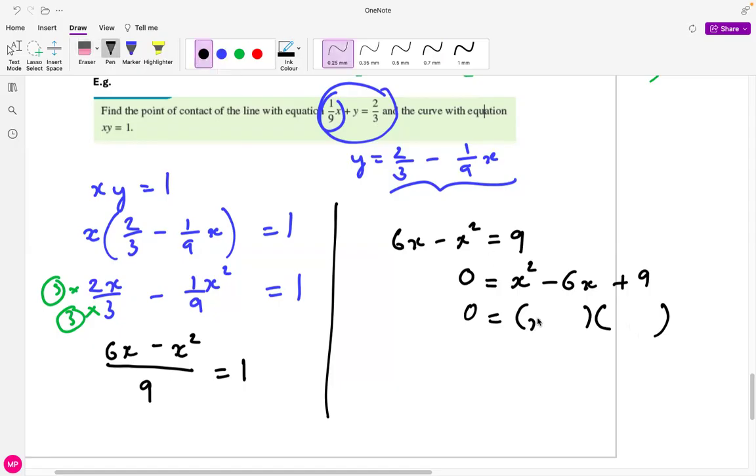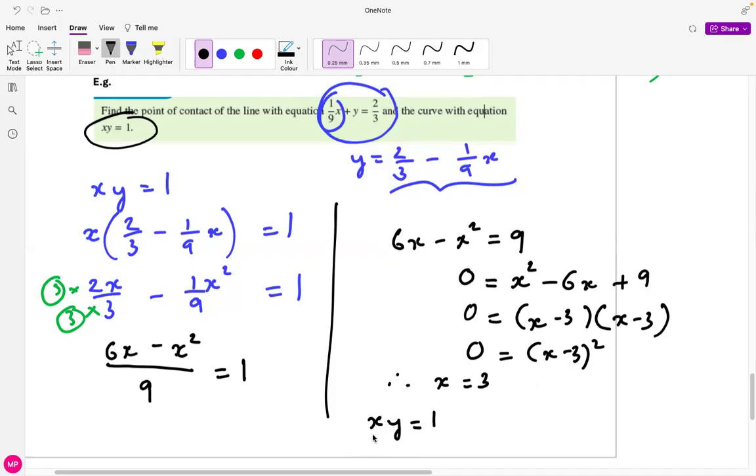So x minus 3, x minus 3. And you have x minus 3 squared, which means the solution is x equals 3. And when you get x equals 3, you can find y by substituting back into xy equals 1. So x times y equals 1, x is 3, 3y equals 1, y will be 1/3. So the solution is 3 and 1/3.